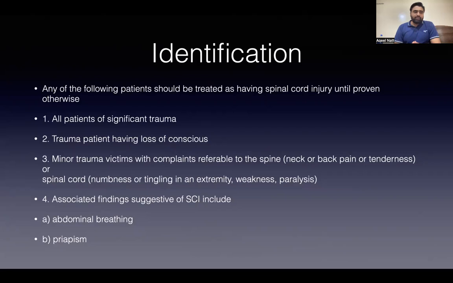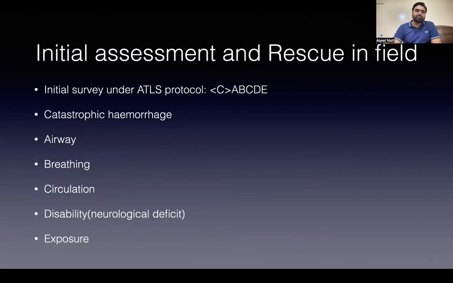You can examine for abnormal breathing patterns. The patient can have priapism. If anything of the above is there, you can think the patient is having spinal cord injury.